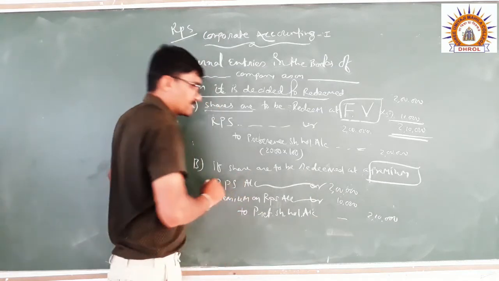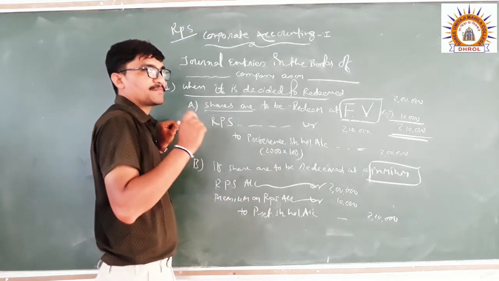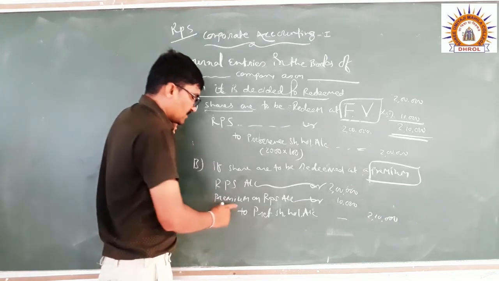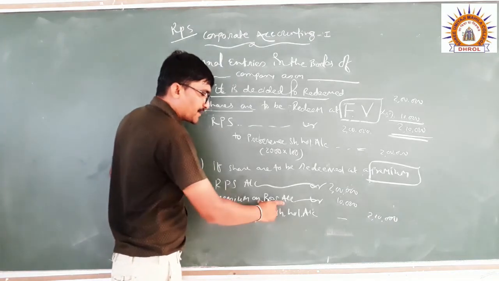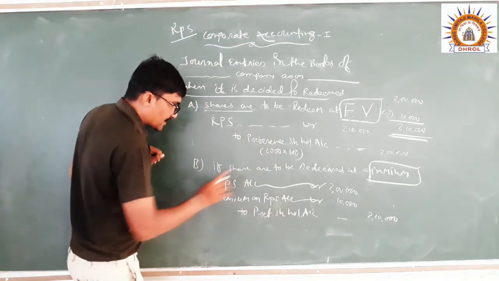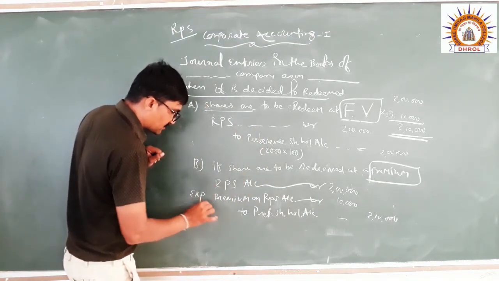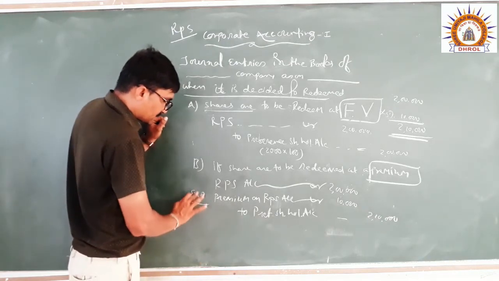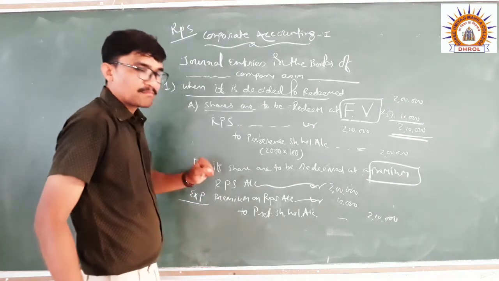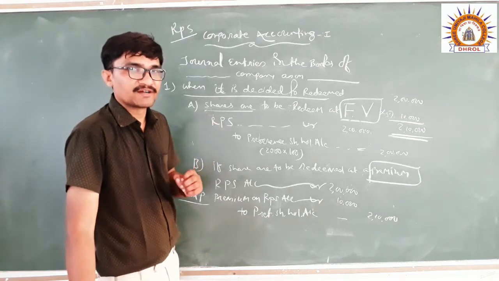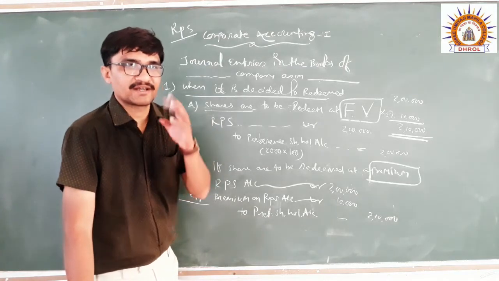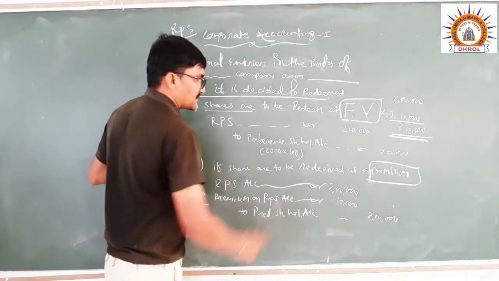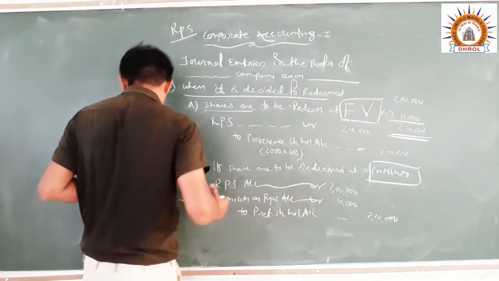See, one concept you should remember: premium on RPS is always debit. Why? Because it is an expense for the company, right? And it is required to be written off at the end of the year, right?